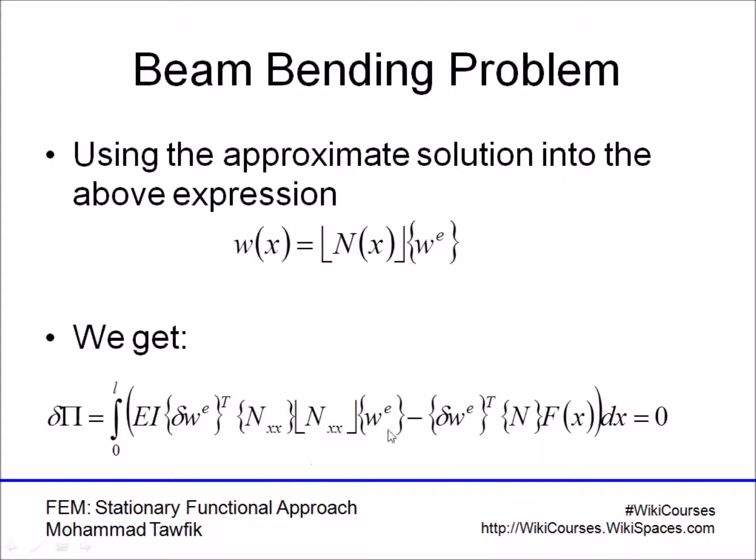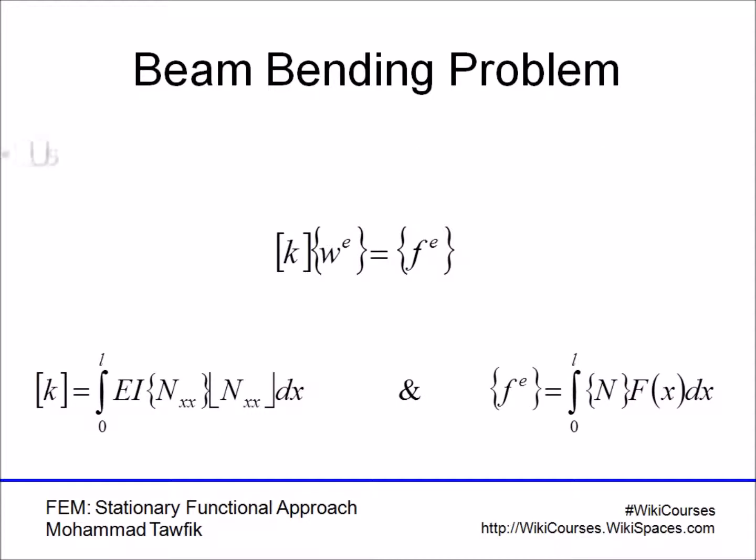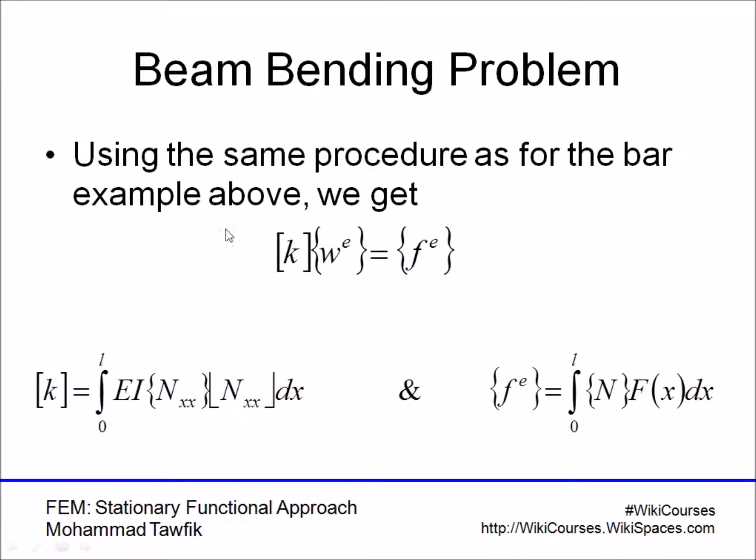As you can see, this will actually give us the exact bending stiffness matrix that we got before using the weighted residual methods. So you end up with the element equation, stiffness times deflection equals generalized force, where the stiffness matrix is EI N_xx, which is the second derivative of the shape function with respect to x.